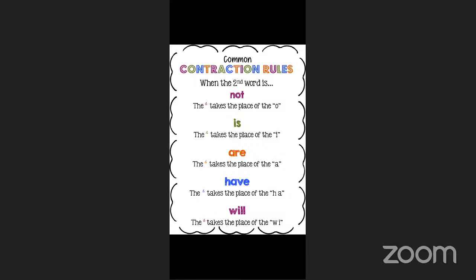So just have an idea about these rules. They are common rules. When you use these contractions, you will be familiar with them. Children, as you use this, learn the rule properly.